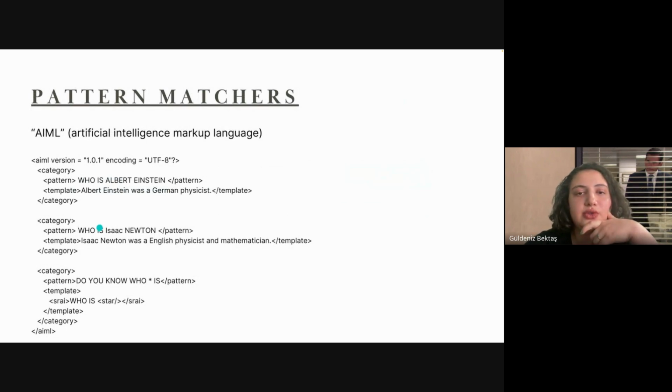Okay, early chatbots use pattern matching to classify text and produce a response. The author of the system needed to describe every pattern for which there's a response. A standard structure for this pattern is AIML, artificial intelligence markup language. In this method, words have no meaning except for their patterned existence within training data.